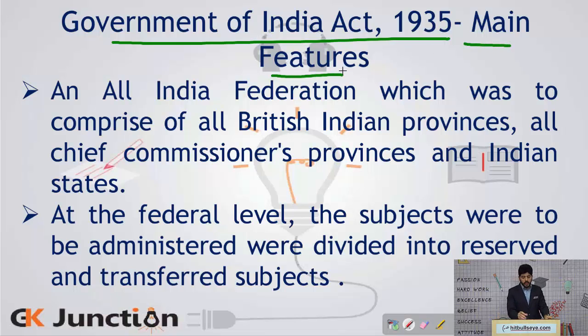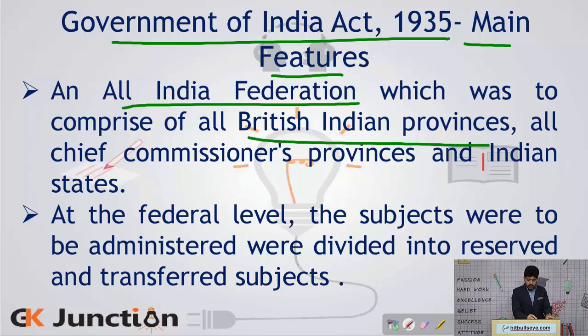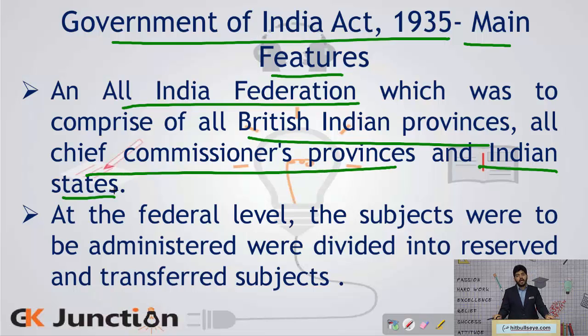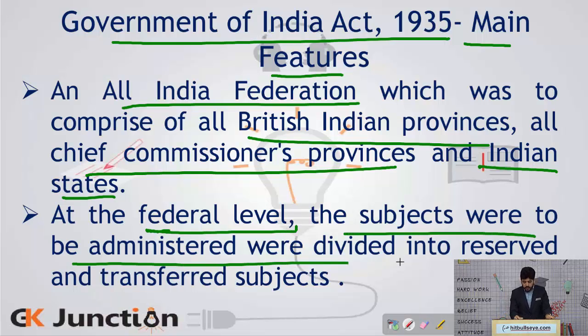Firstly, an All India Federation which would comprise all British Indian provinces, all the chief commissioner provinces and the Indian states which were headed by princes, or the princely states. At the federal level, or the central level, the subjects were to be divided into reserved and transferred subjects.